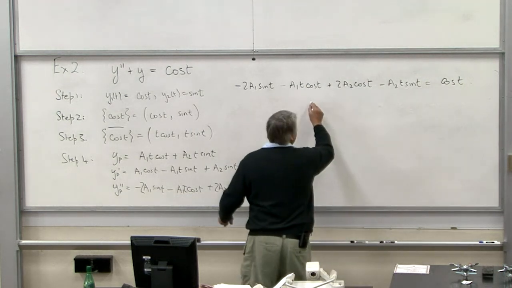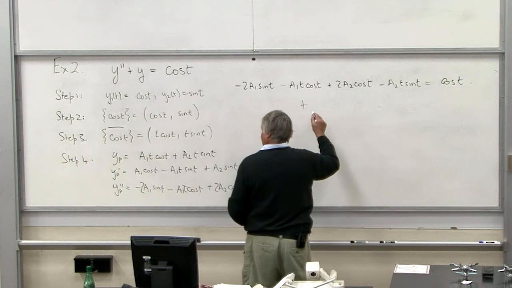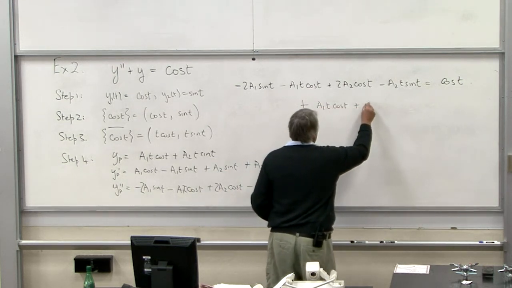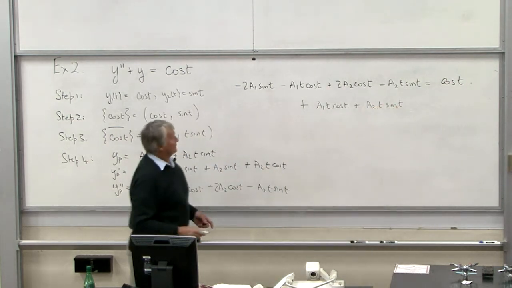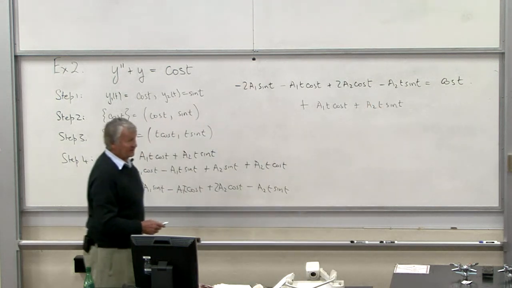No, I have to add plus y, which is a1t cos t plus a2t sine t. So this is the yp double prime, and this is plus yp, and that's got to be equal to cos t.